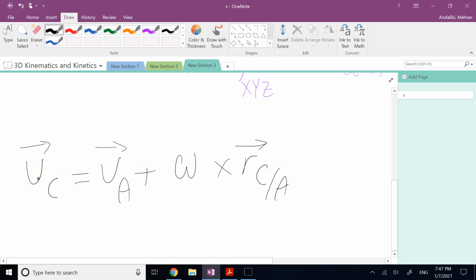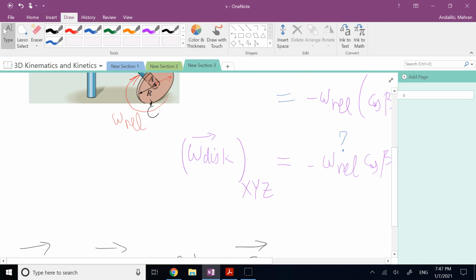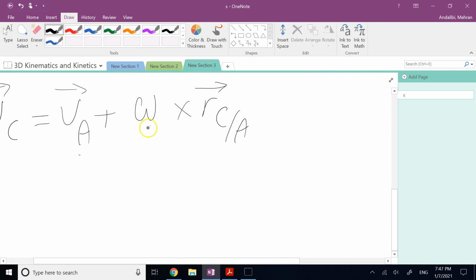Since V of C and V of A, these velocities of these points, are measured in the primary, in the capital XYZ, this omega has to be measured in capital XYZ as well. So this omega that you're using here is going to be the same omega that we just calculated, the omega of the disk as measured in capital XYZ.